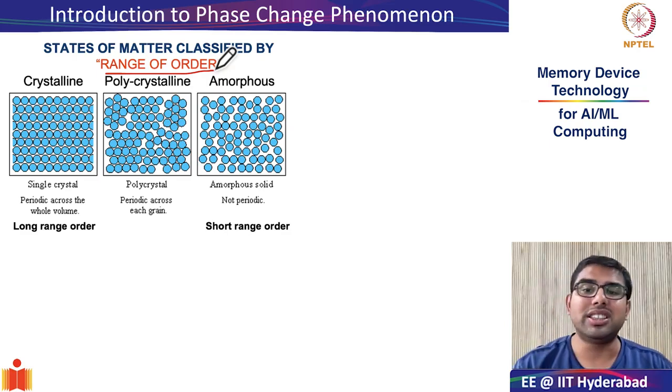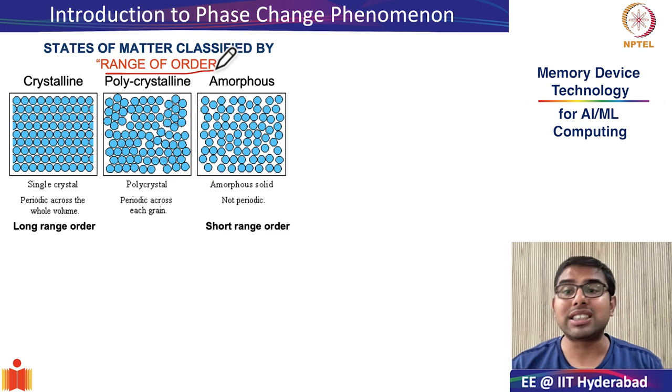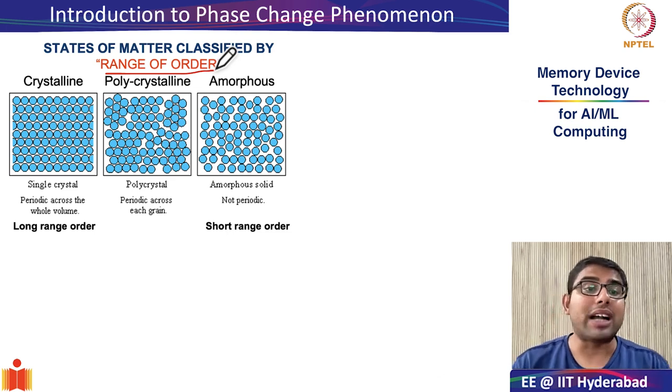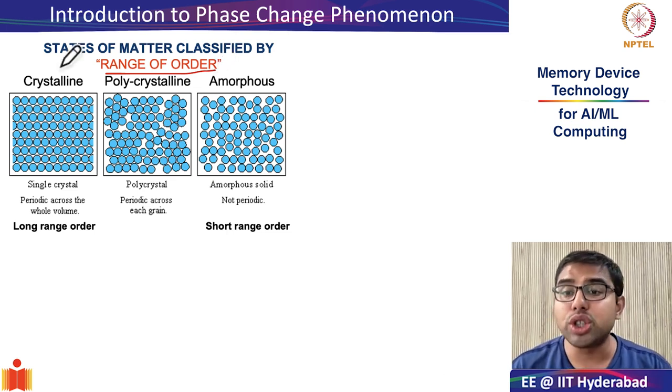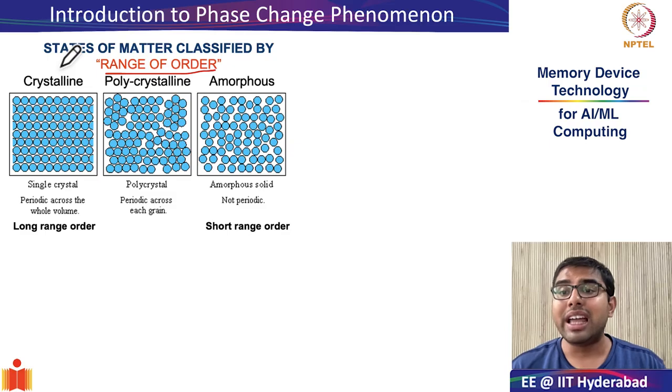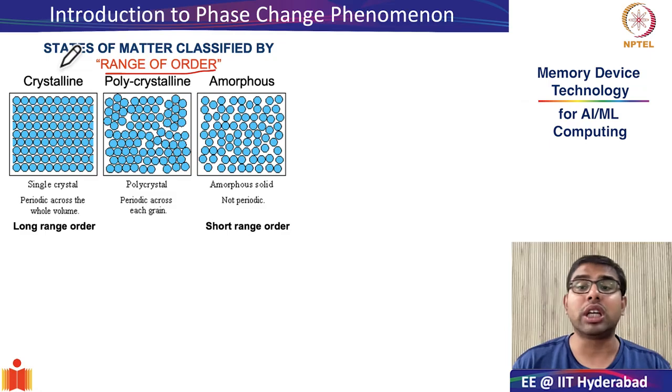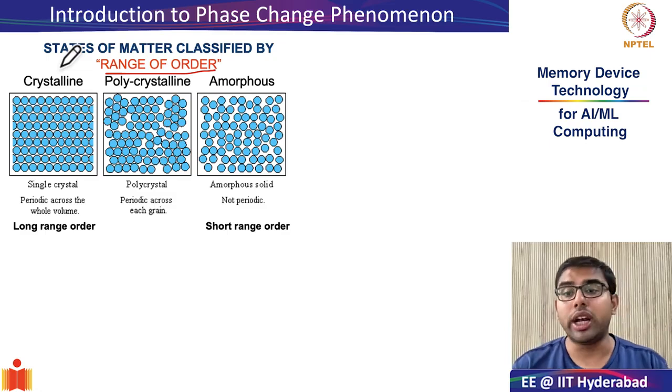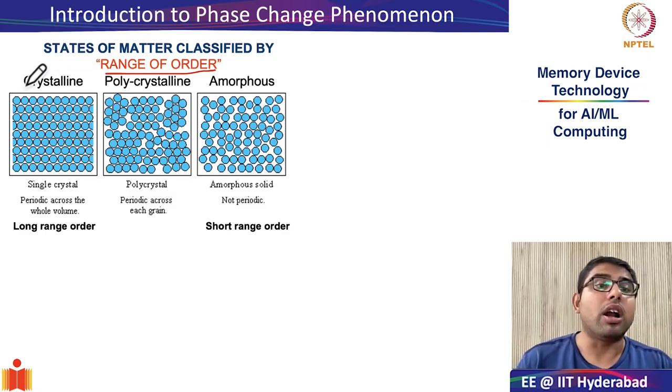However, within solids, there is another way to classify the states of matter through something called range of order. What is range of order? It is an indicator of how orderly the arrangement or packing of molecules is in a particular solid. So as you can see, there are different packings which you may have heard of from your basic courses.